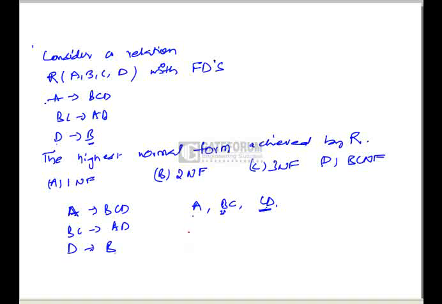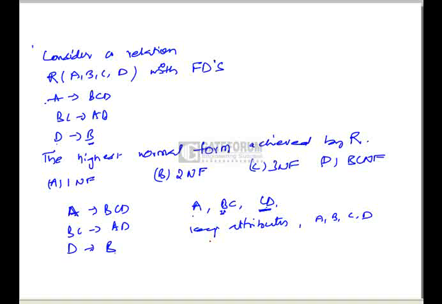So here key attributes are all the attributes of the given table. If all the attributes of the table are key attributes, then there will not be any partial dependencies and transitive dependencies.